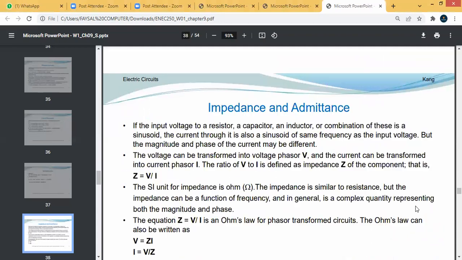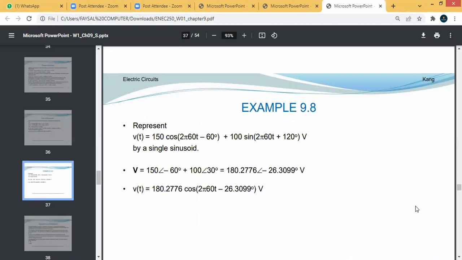Now 9.8. Example 9.8 represents voltage with respect to time, v(t) equals 150 cos(2 pi 60t minus 60) plus 100 sine(2 pi 60t plus 120 degrees), to be expressed as a single sinusoid. For a single sinusoid, first you have to compare both values.